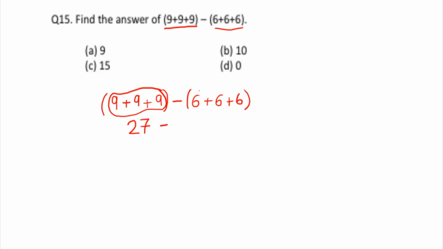Now let's do 6 plus 6 plus 6, which will give us 18. So now we have to subtract 27 minus 18, which will give us 9. The correct answer is 9.